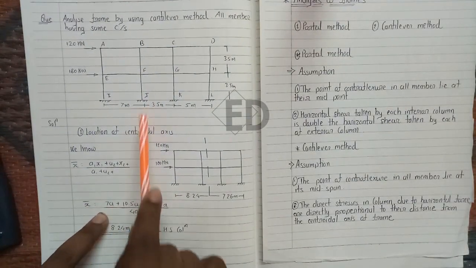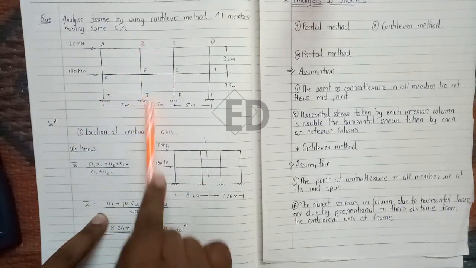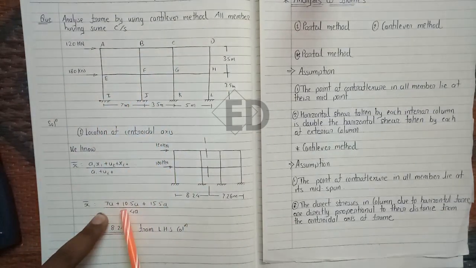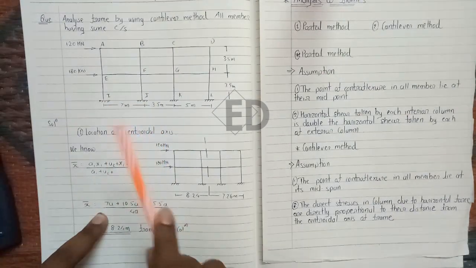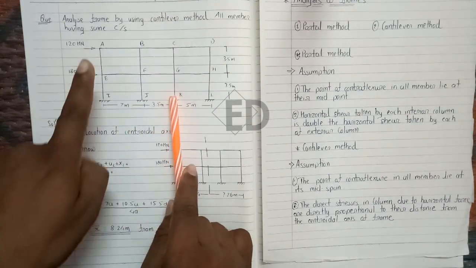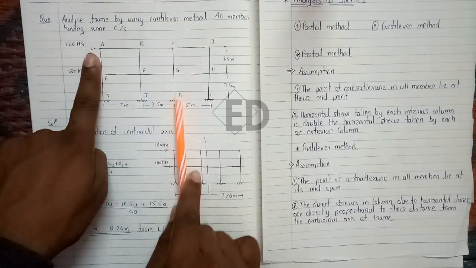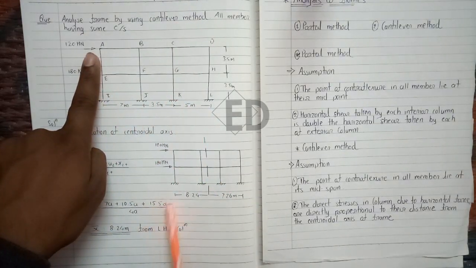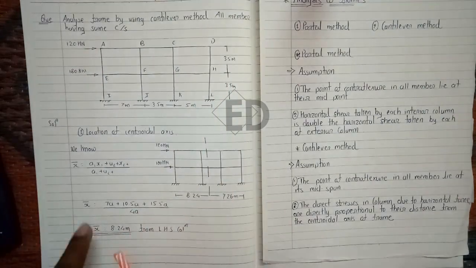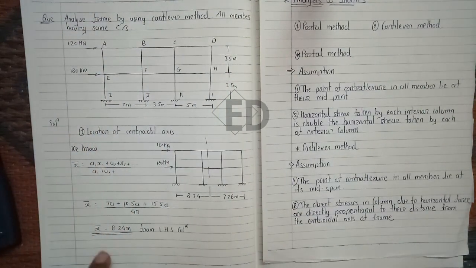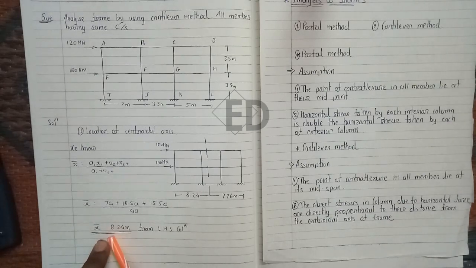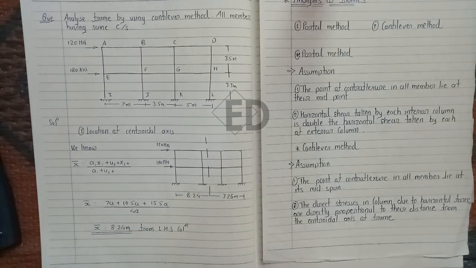So 7a means the distance into area, 10.5a, total 7 plus 3.5 means 10.5, and 15.5a, the distances from the left hand side column. So we get the centroidal axis x bar equals 8.24 meter from the left hand side column.